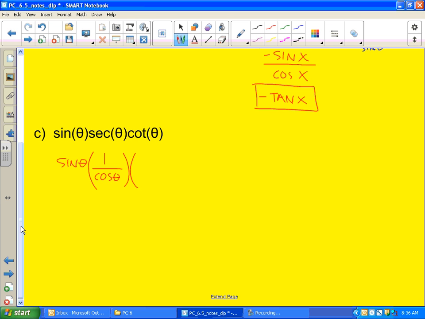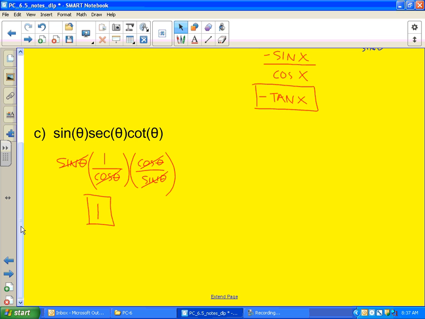And a cotangent of theta is a cosine over a sine. Now, common terms here in the numerators and the denominators, sine thetas cancel, cosines cancel, and I just get an answer of 1. So that one is simplified just 1.